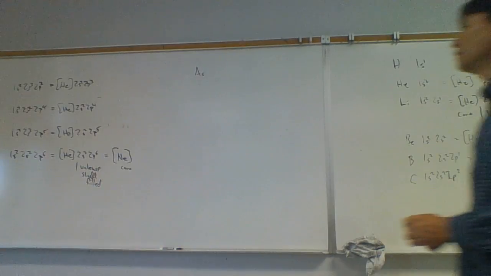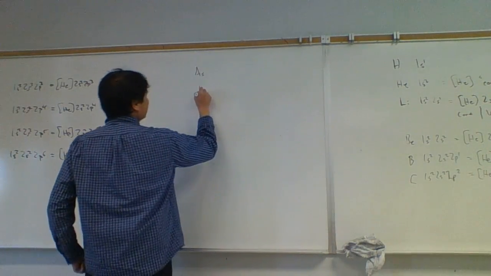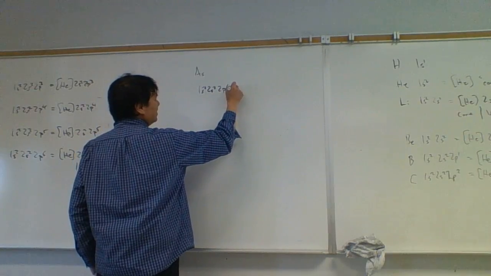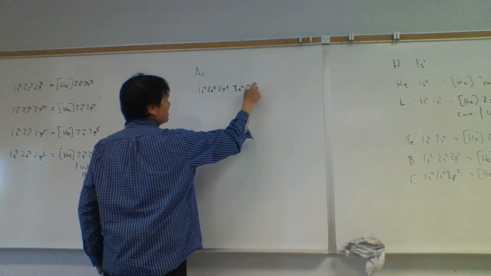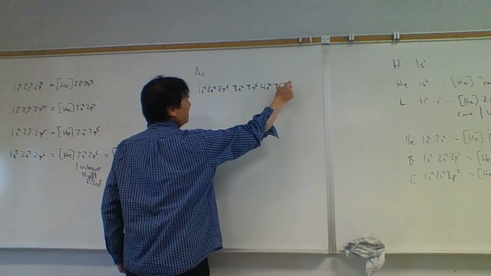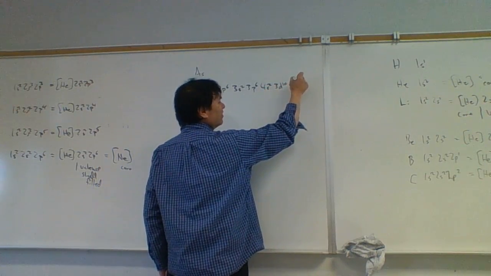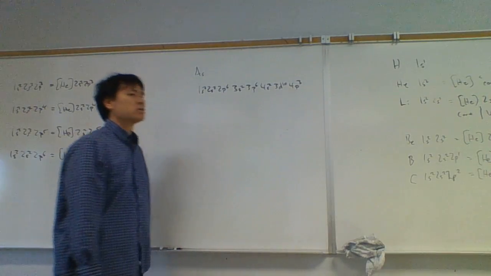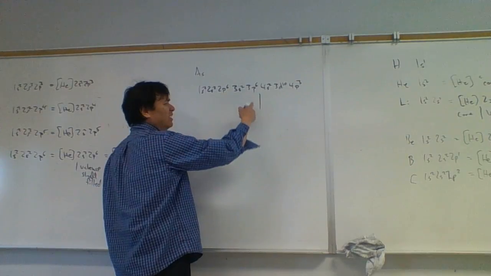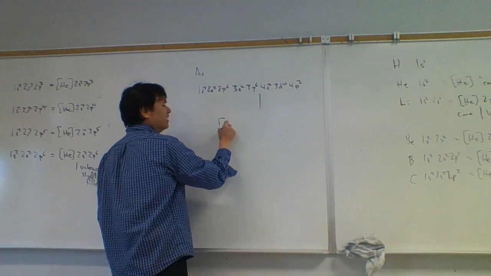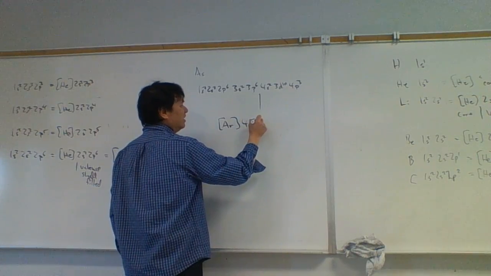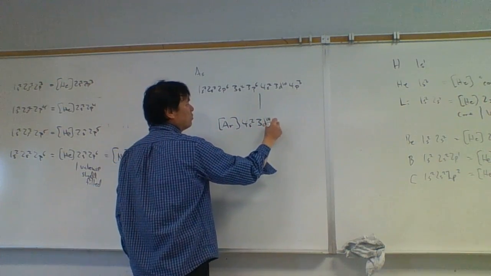So we can write it all out: 1s2, 2s2, 2p6, 3s2, 3p6, 4s2, 3d10, 4p3. Or we could use the core. If we use the core, up to 3p6 would fill argon, right? And so another way of representing this is argon, 4s2, 3d10, 4p3.